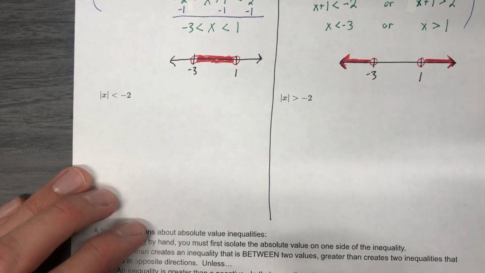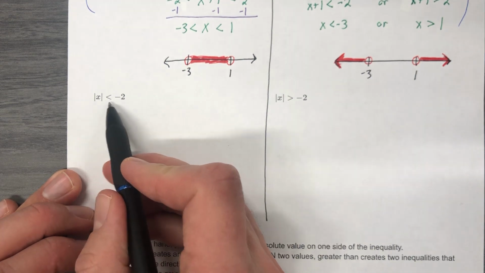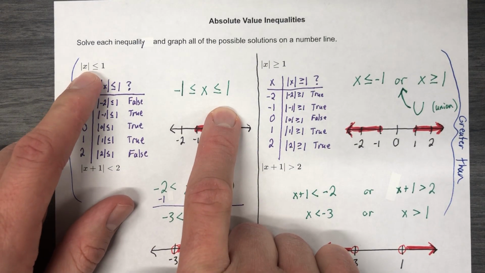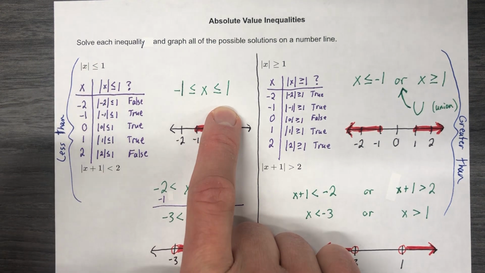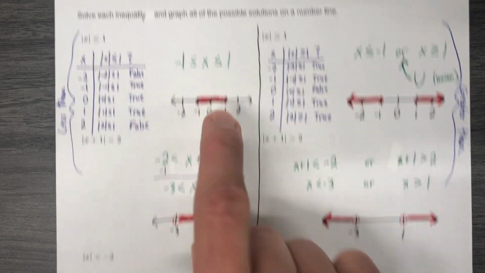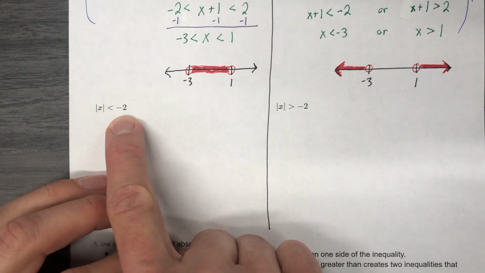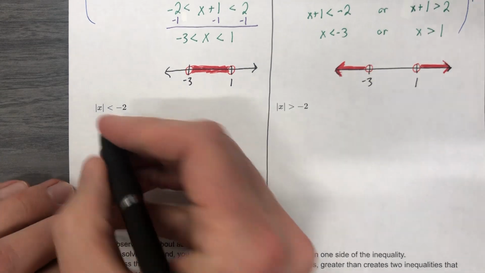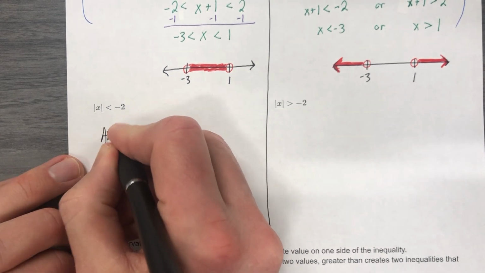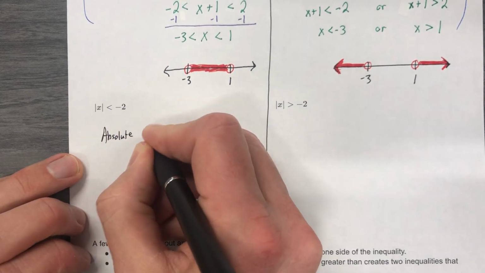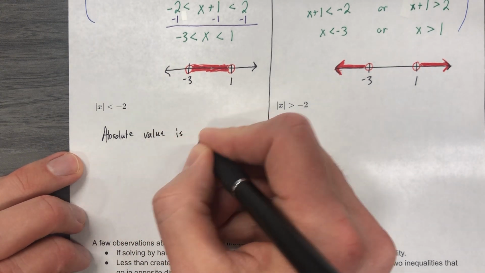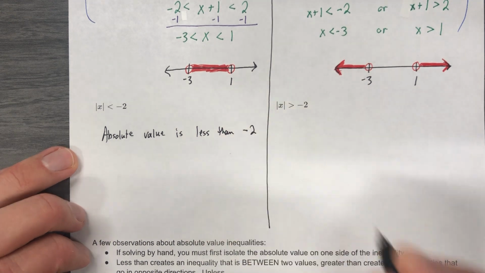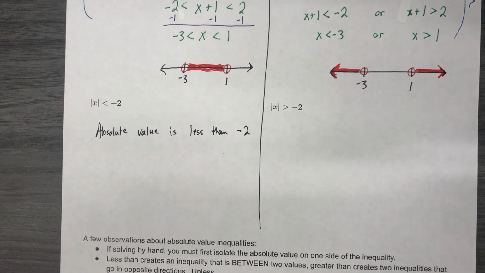Okay, here goes. Absolute value of x is less than negative 2. If you're like, oh, it's less than, we'll do it this way. Good luck with that. All right, that's not going to work. And here's why not. That's negative. Here's what this says, and I'm going to write it in words. Absolute value of something is less than negative 2.